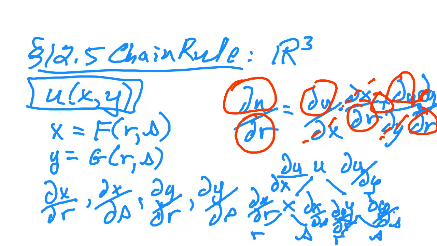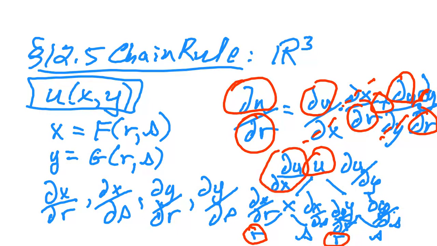Okay, now in this case, I want the partial of u with respect to R. So here's where the u is, here's where the R's are. So I can follow the branches that get me there.